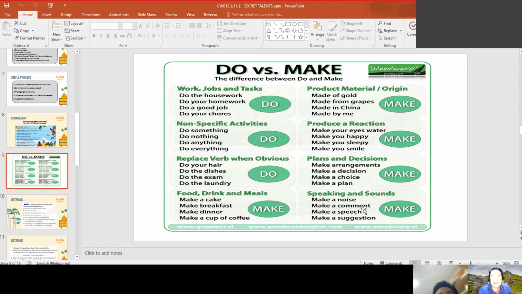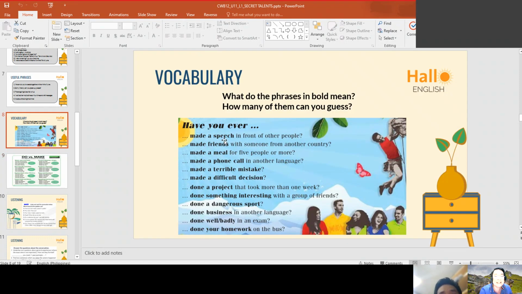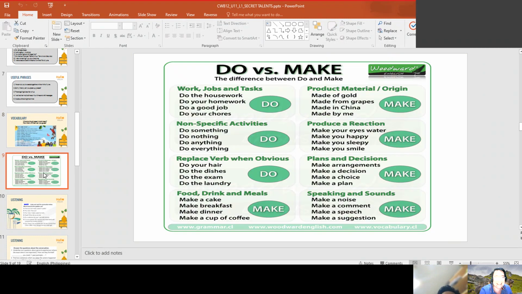And lastly, speaking and sounds, like make a noise, that would be sounds. Make a comment, that would be speaking, just like make a speech, make a suggestion. So those are the differences between the use of do and the use of make.